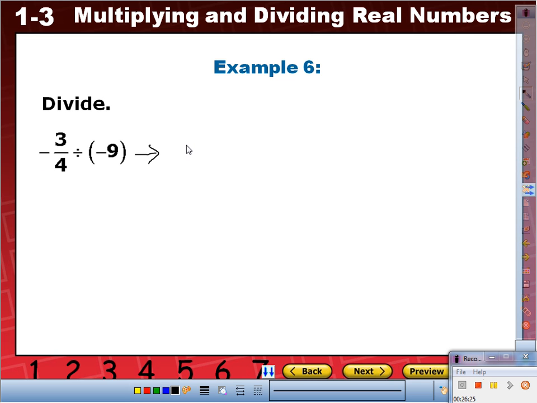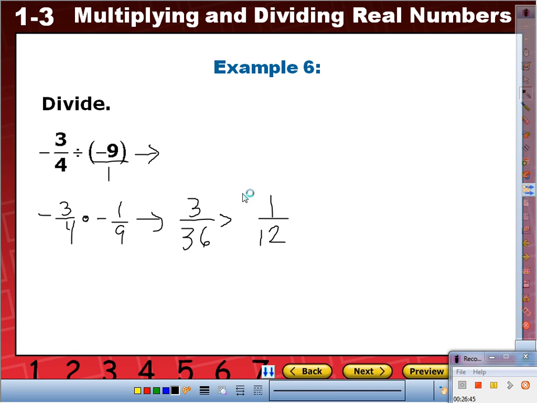Are they the same sign? Yes. This one stays the same. Negative 3/4. Change it to multiplication. Write this over 1. And what is the reciprocal of negative 9 over 1? Negative 1 over 9. This becomes 3 over 36. And we can simplify that to 1 over 12.